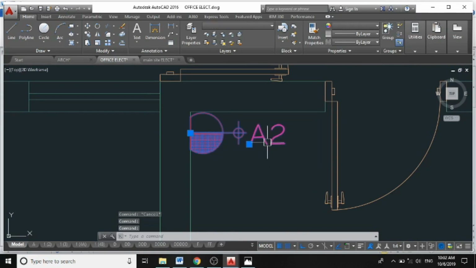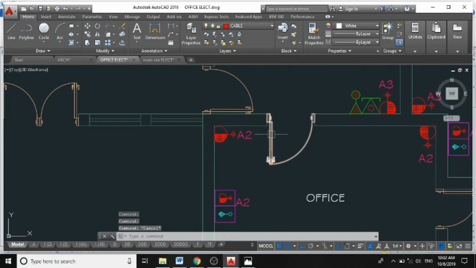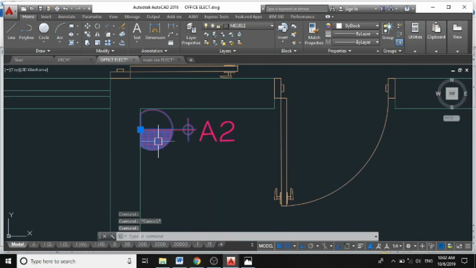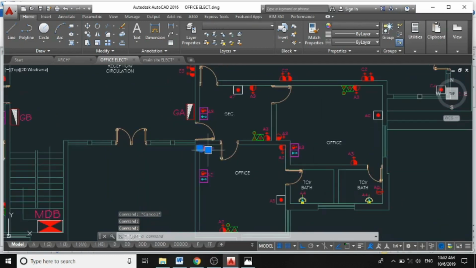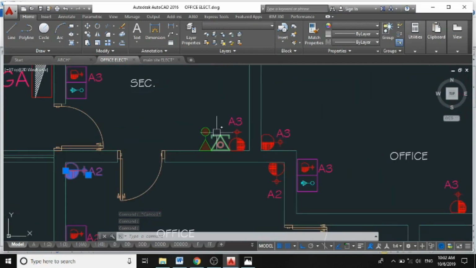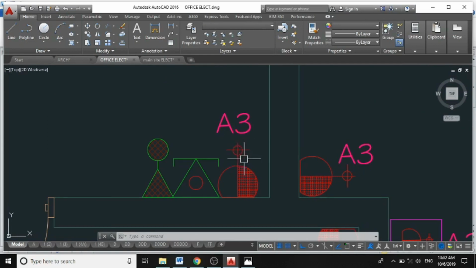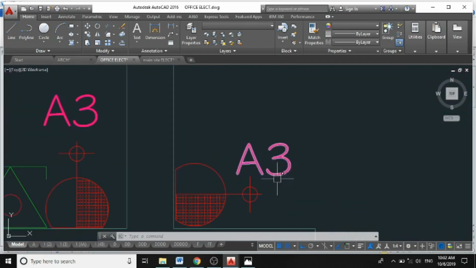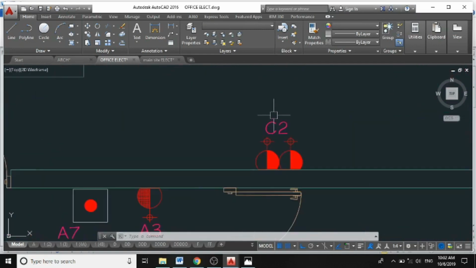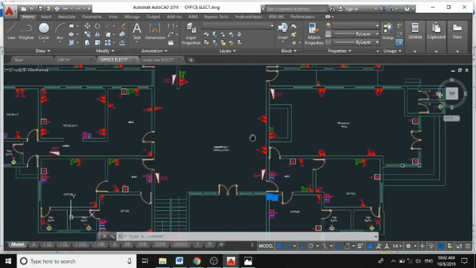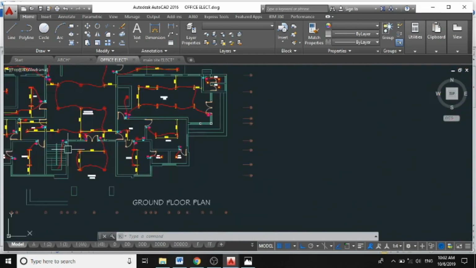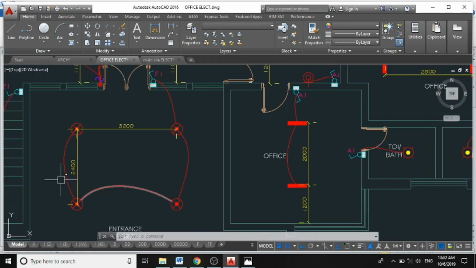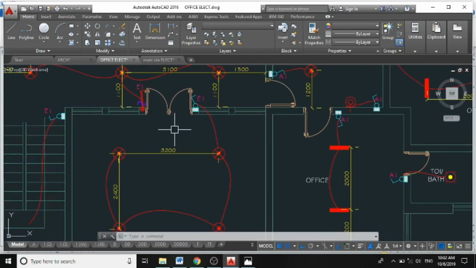But here is my panel identification, which is specifying that this outlet is to be run to my A2 circuit, and the one here is to be run to my A3 circuit, here to my A3 circuit also, here to my C2 circuit.